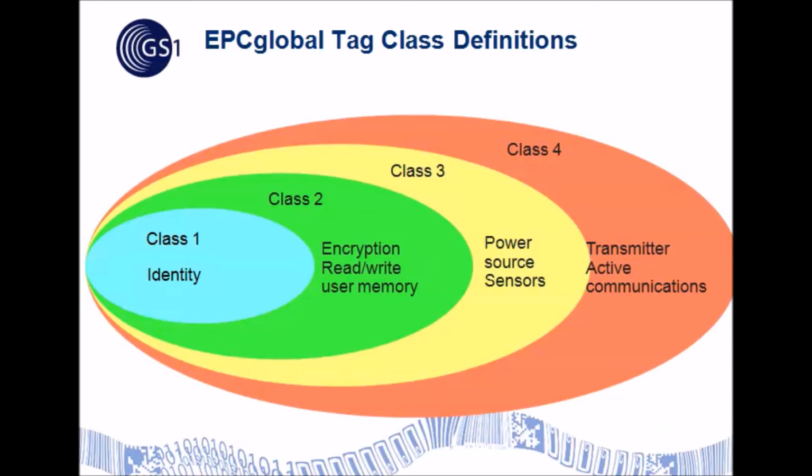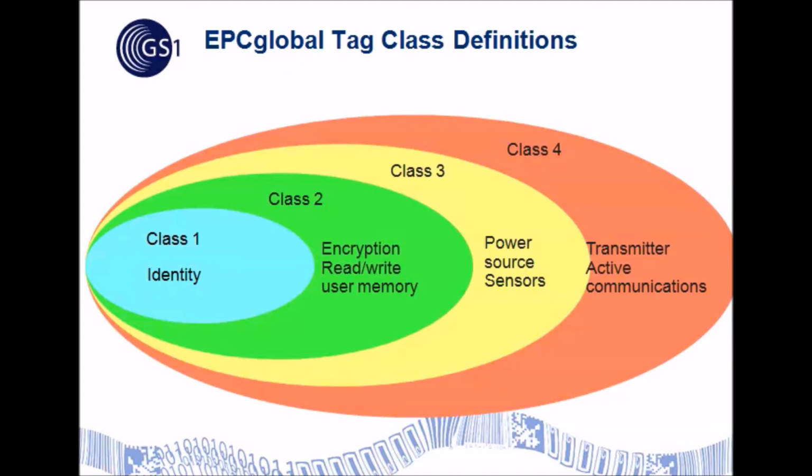So the Class 1 may have the memory and the basic password protected access control. However, if you want to encrypt the user memory, rewrite the information into the RFID tag, you need the Class 2 RFID tag.